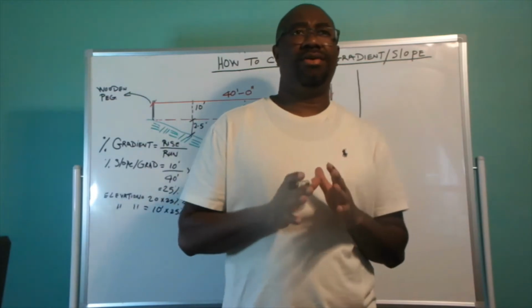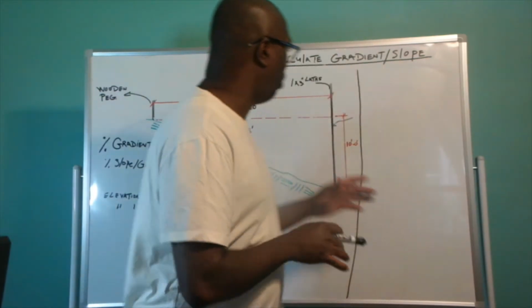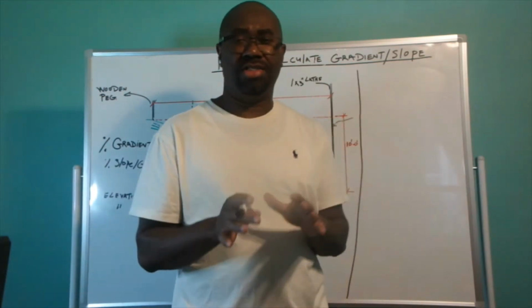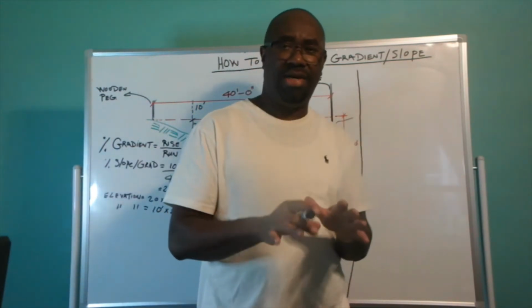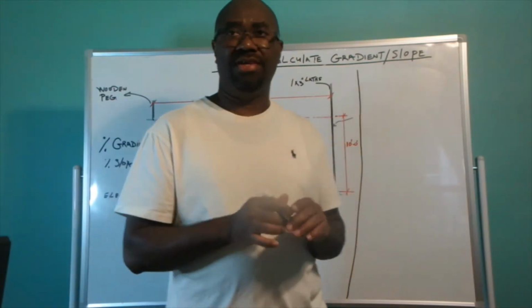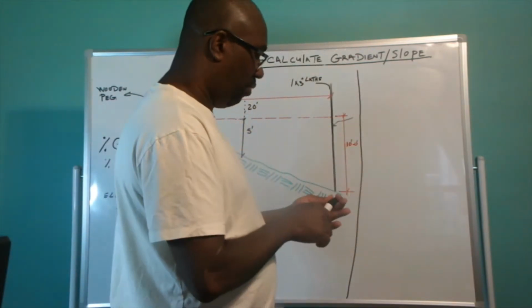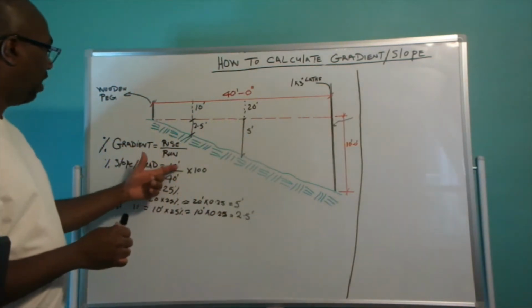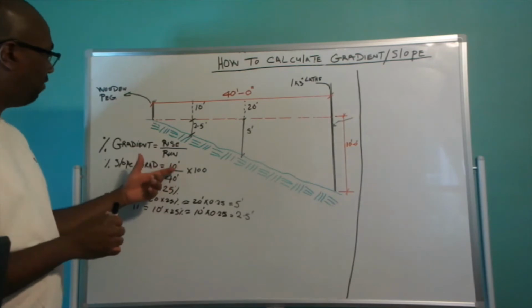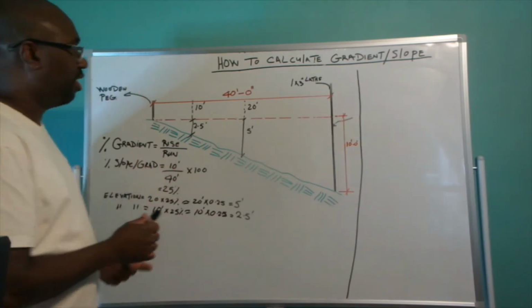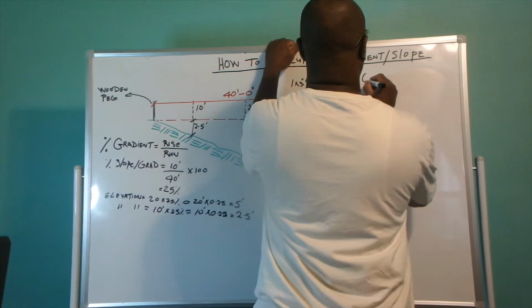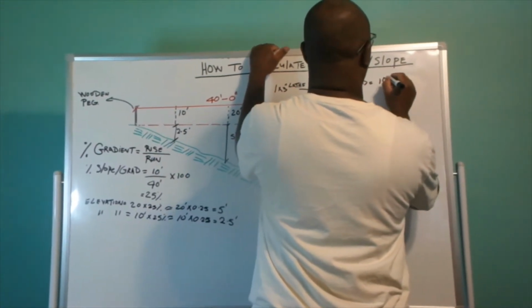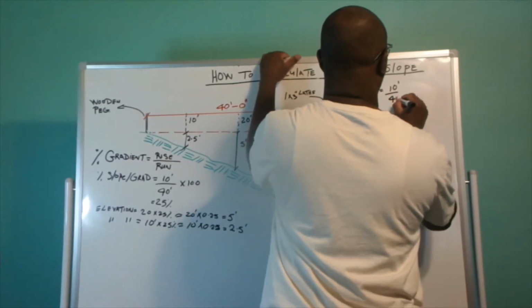So there is an alternate way you can calculate the slope. As a matter of fact, there are several different ways you can calculate the slope, and I'm going to explore a couple of these alternates. So the gradient of this land is 10 feet over 40 feet. It has a rise of 10 feet and a run of 40 feet.